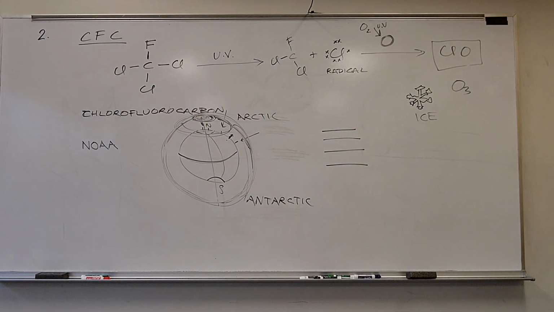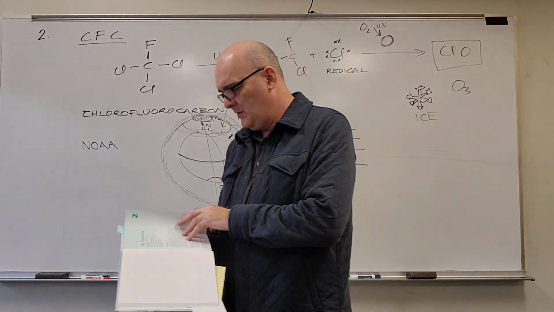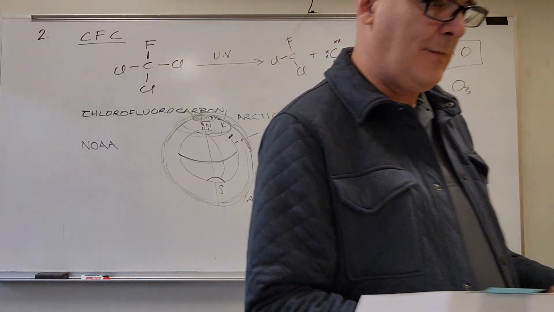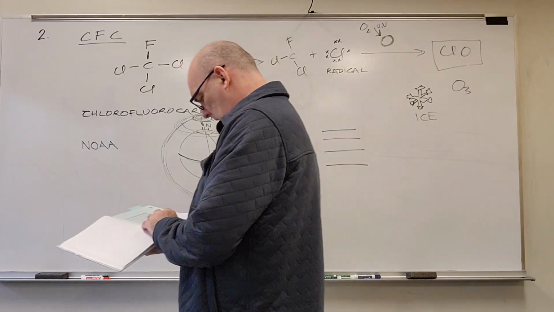Let's have a read. So there's still a little bit about mechanisms in here. Page 44, 45. We've seen everything that we need to see about mechanisms. They were all in chapter 1. Okay.